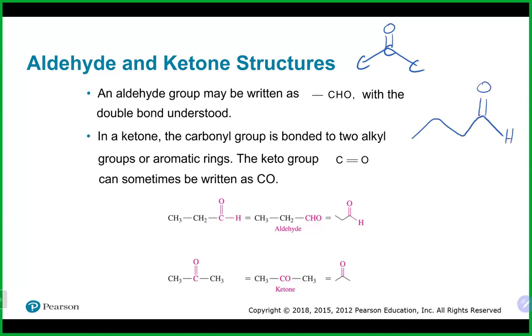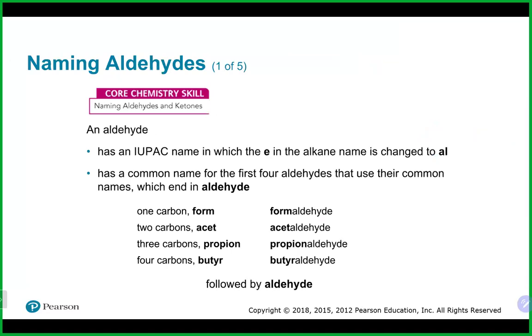Because now I have a carbon, hydrogen, double bonded oxygen in that particular case. So again, if I don't put the hydrogen at the end, that's going to be another carbon. So you do have to put the hydrogen there. And as you can see, this is at the end. This is in the middle, second in from the end. So let's talk about naming them.